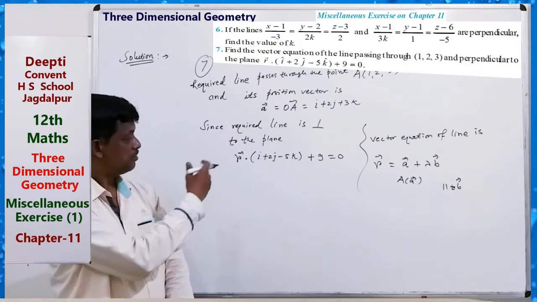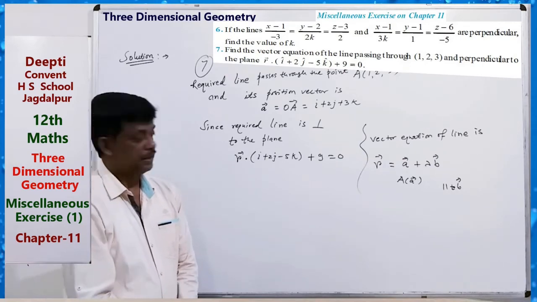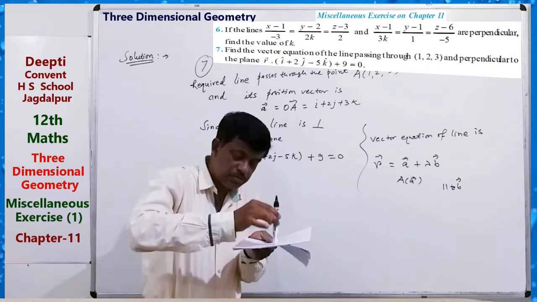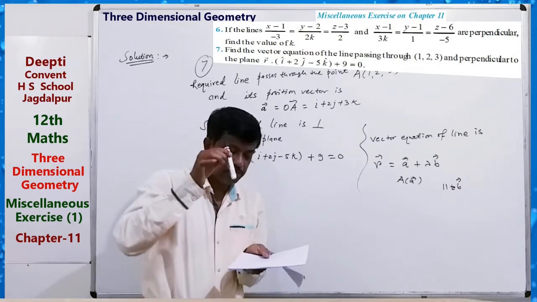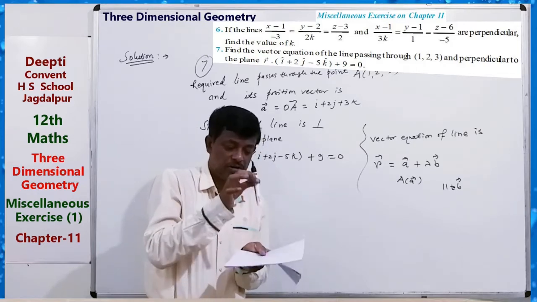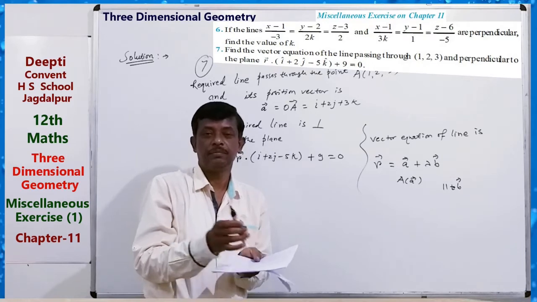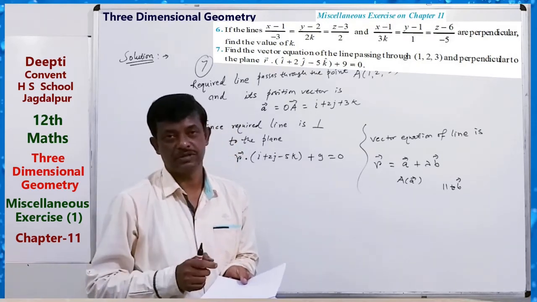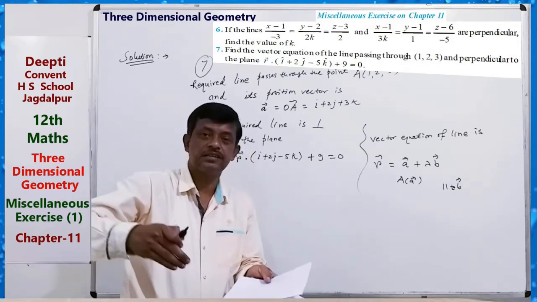This is the equation of the plane. The required line is perpendicular to this plane, that is, the line is parallel to the normal to the plane. And parallel lines have the same direction ratios, so the direction ratios of the normal to the plane may be taken as the direction ratios of the line.